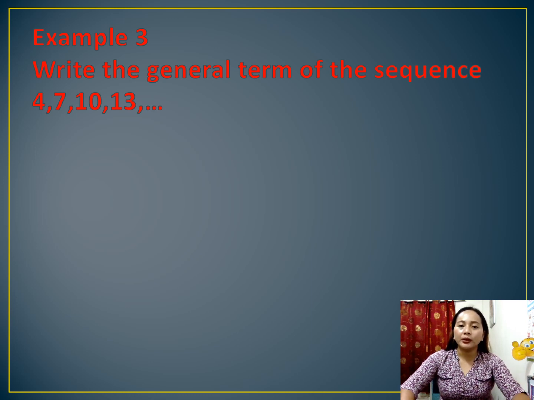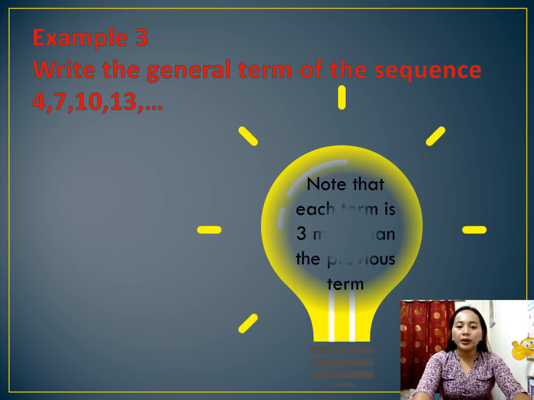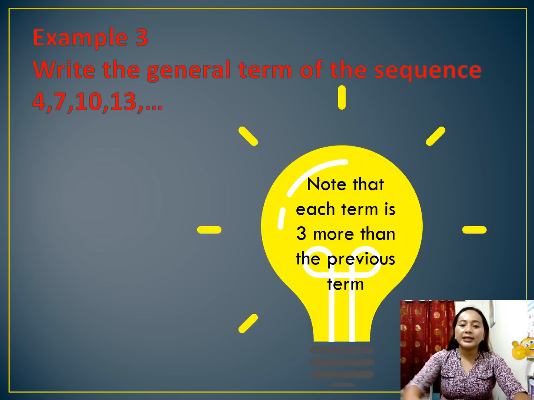You are given the first 4 terms, 4, 7, 10, and 13, and you are asked to generate the general term of the sequence. Note that each term is added by 3 from the previous term, meaning 4 plus 3 is 7, plus 3 is 10, plus 3 is 13.